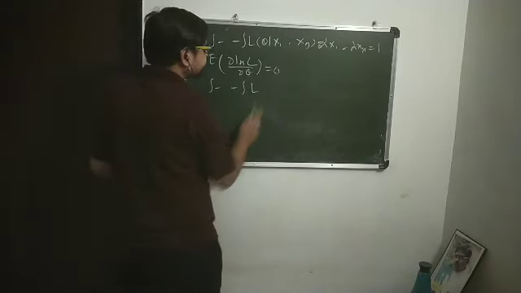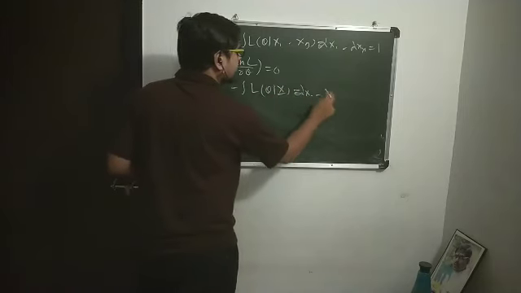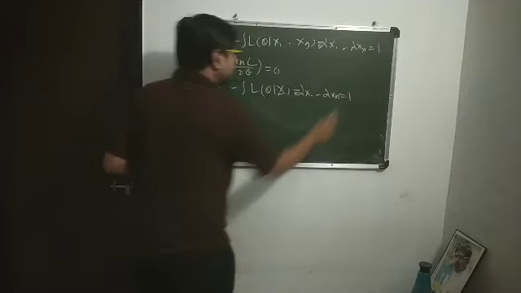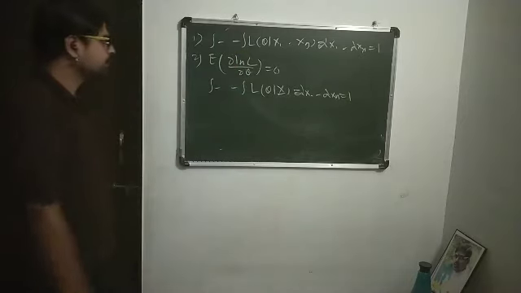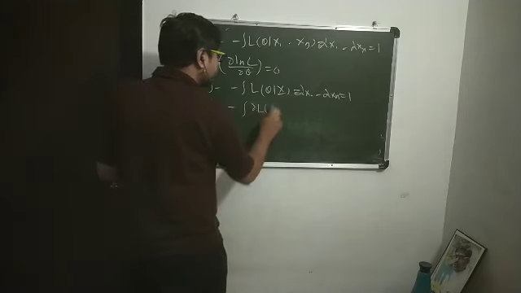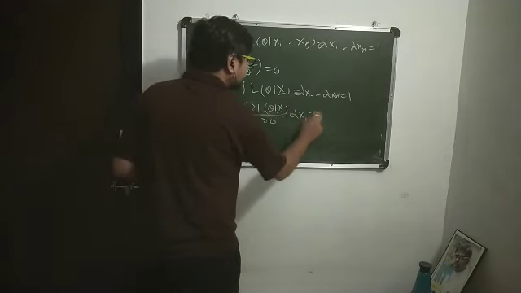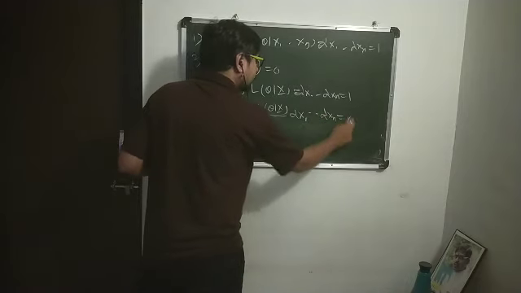Now we have that the integration of the likelihood function, L dx1 ... dxn, is equal to 1. Now differentiating both sides with respect to theta, the integration of dou L by dou theta dx1 ... dxn is equal to 0.